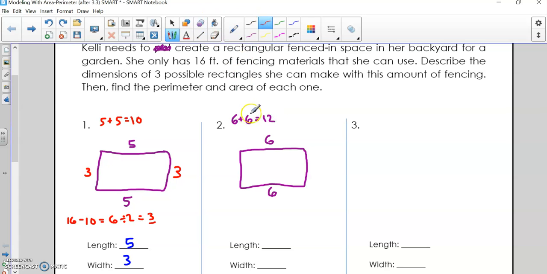And if we already used up 12, that means we have 4 feet of fencing left. So let's go ahead and split that between our 2 sides. That tells us that the other sides have to be 2. If we made this side and this side each 2, we know that if we added all these together, we would get 16, and that would use up all the fencing that Kelly has available.